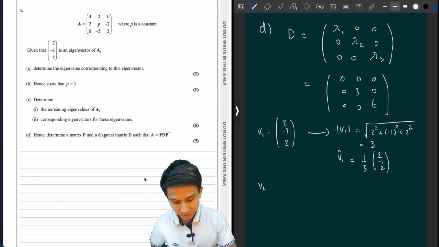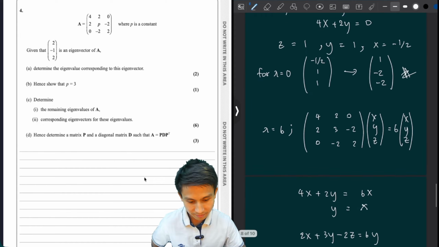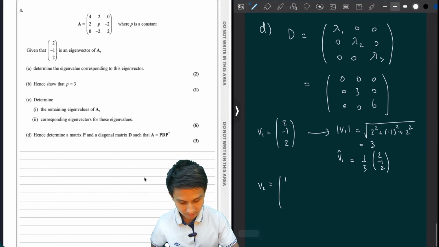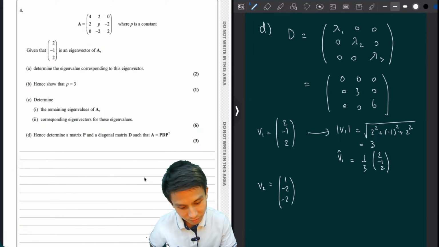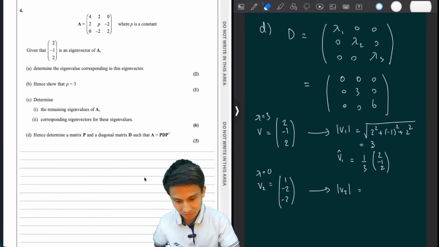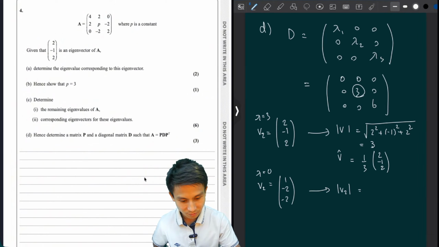And let's do V2. Our V2 was 1, minus 2, minus 2. Wait, I've got to put this in order. So I'm just going to change this to lambda V2, because it's the second lambda there, is this one.